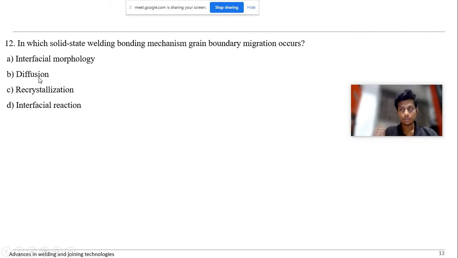Okay. Basically, the mechanism in diffusion is that because of pressure and elevated temperature, the bonding is happening. There won't be any grain boundary migration and all. Mainly, it is in recrystallization.